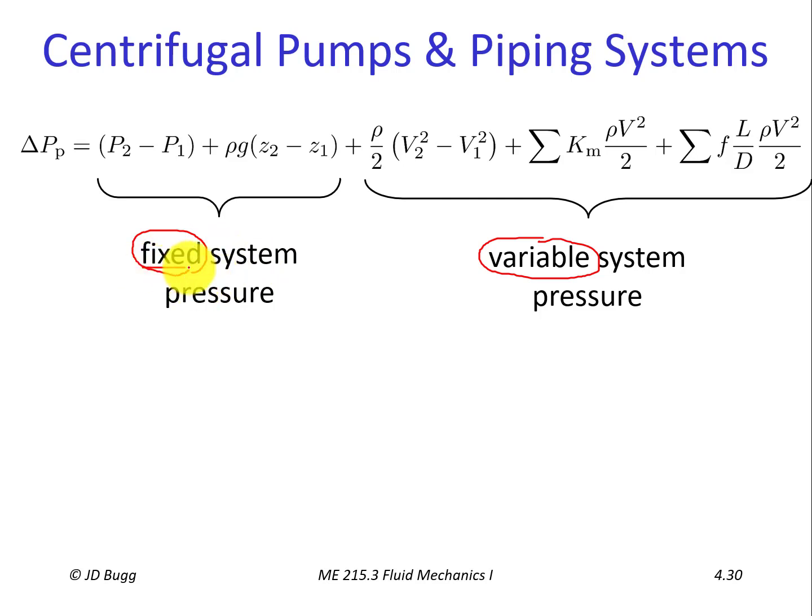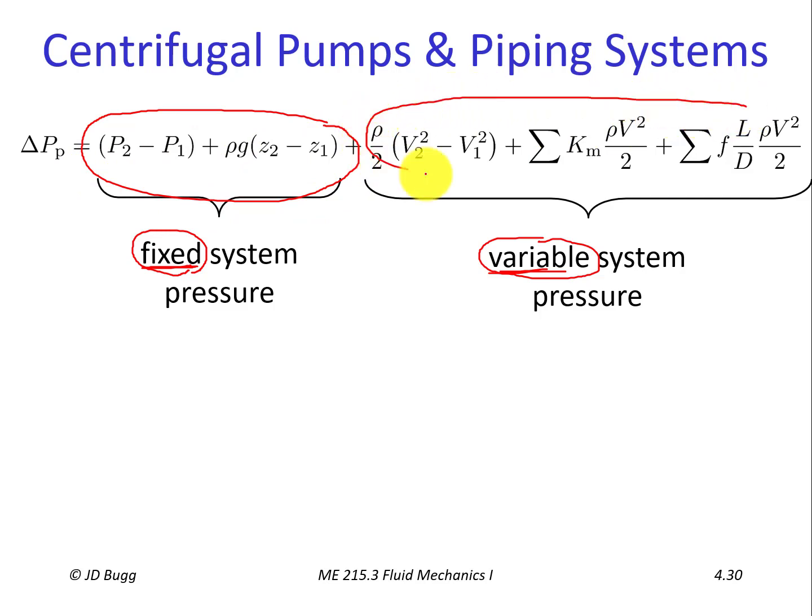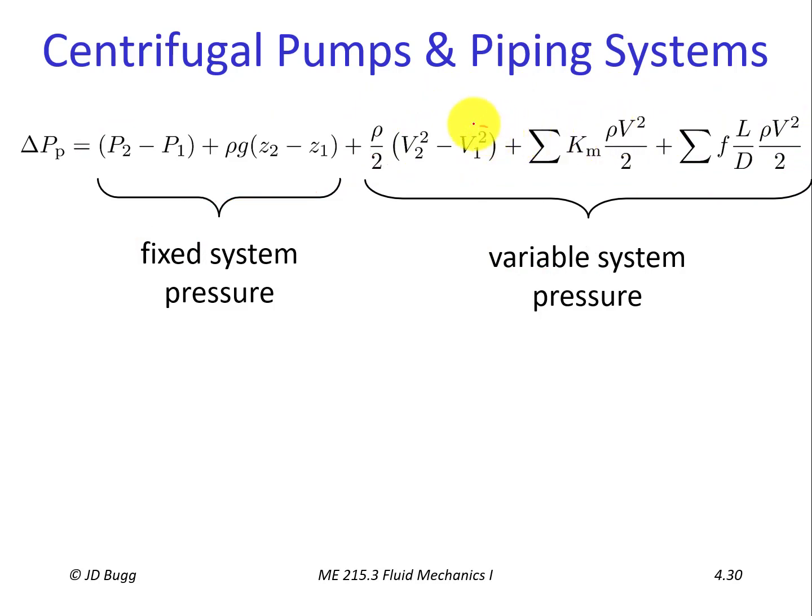The key thing to realize is that fixed and variable here is referring to the flow rate through the piping system. So realize that these two terms don't have a velocity in them, whereas all of these terms do have a velocity in them. We have our kinetic energy term, which certainly has velocity, and the pressure losses and the friction loss all have velocity in them.